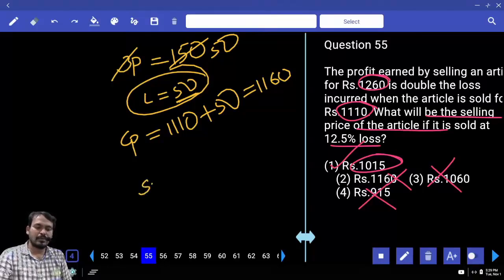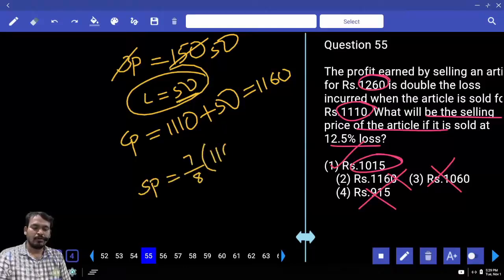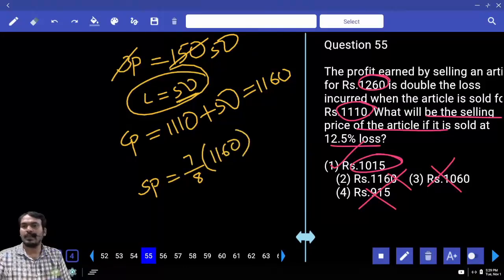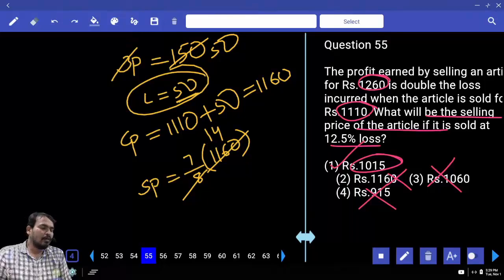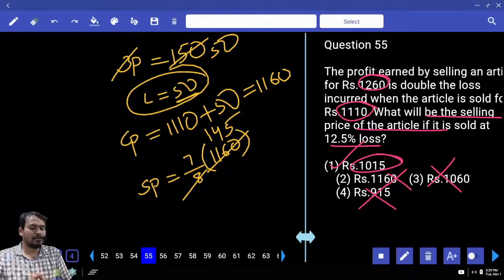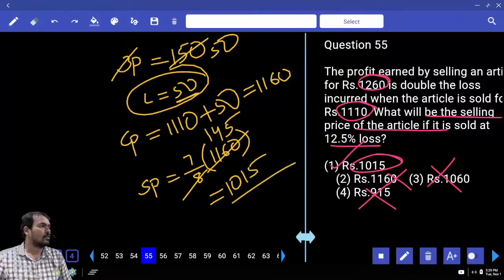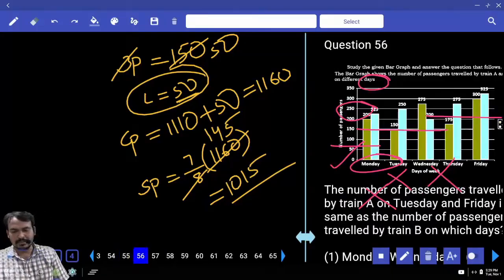Means selling price will be 7 by 8 of which value? 1160 or not? 8 how many times? 14 times or not? 8 14s? 112. Again how many times? 5 times or not? 7 into 145. It will become 1015 or not? Yes or no?